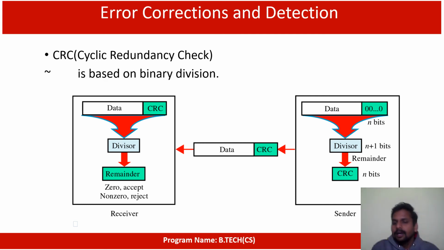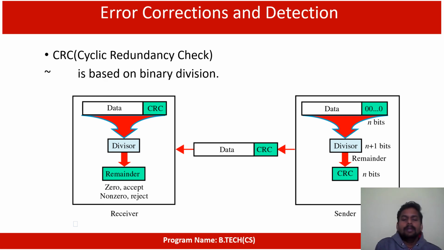After that I need to do the binary division operations. Then I will get some result, and those result bits will be the CRC bits, the cyclic redundancy check. That will be added to the original data, and again the data is forwarded to the receiver side.